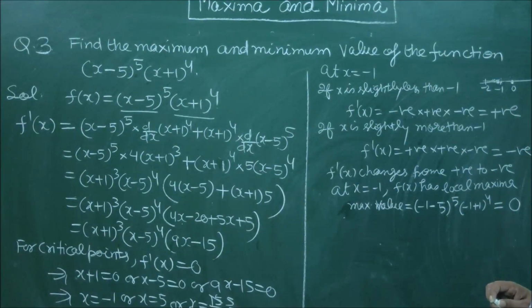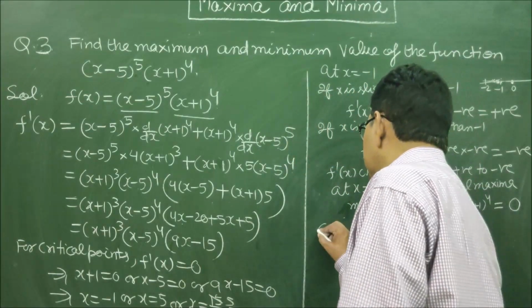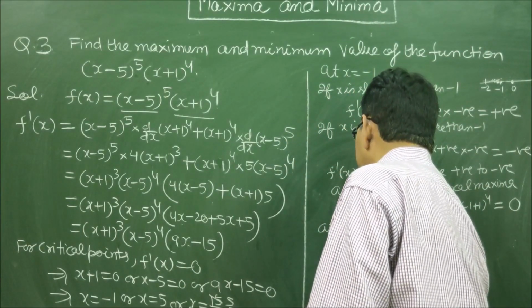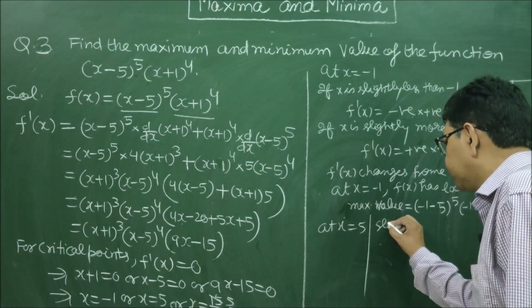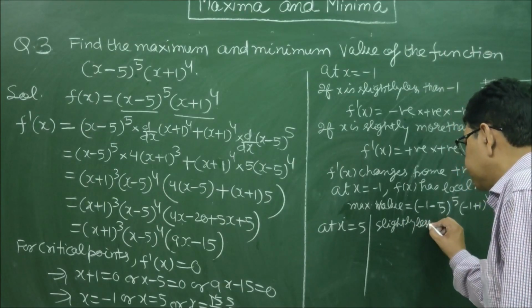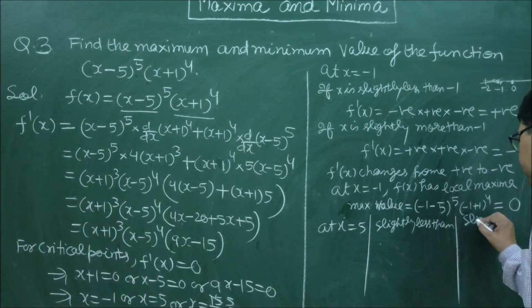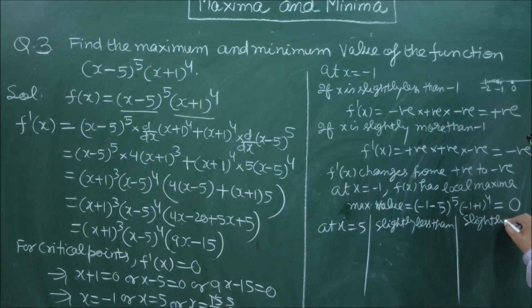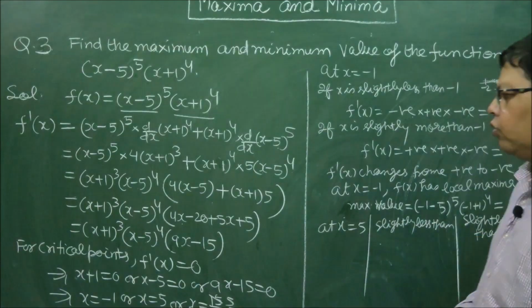Now let us check the function at x is equal to 5. At x is equal to 5, we will consider two points, slightly less than 5 and slightly more than 5, and we will observe the sign of f dash x. Slightly less than 5 is 4.9.